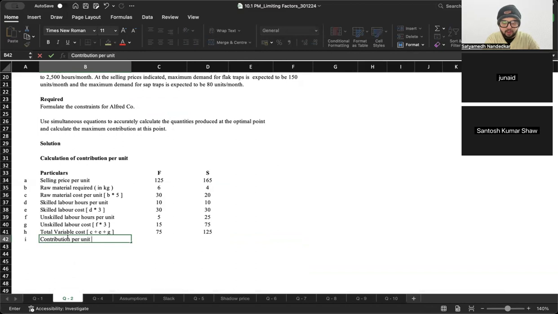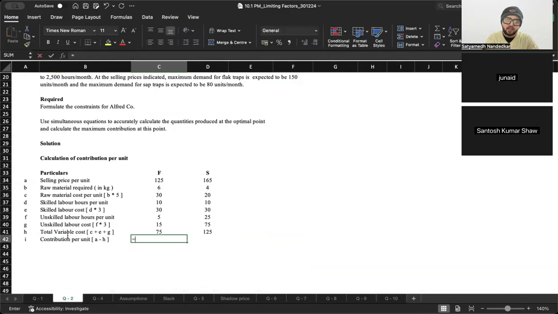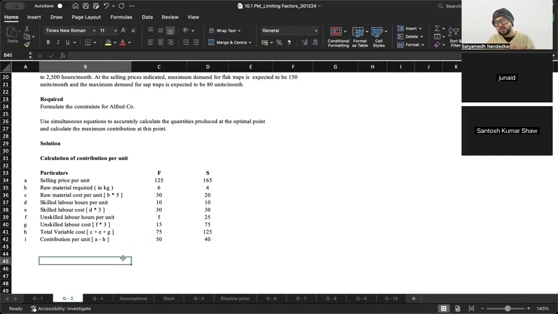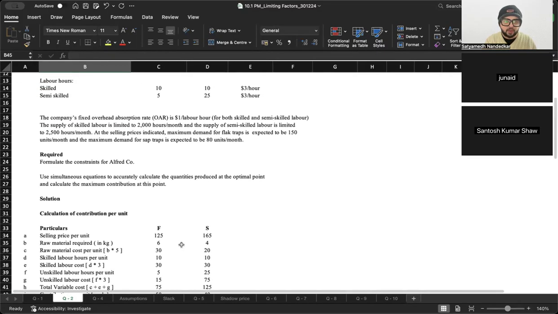Contribution per unit will be row A minus row H. How do I get it? 125 minus 75 and 165 minus 125. Usually in the previous questions, the contribution figure was given to us. Here the contribution figure is not given to us. So we calculated the contribution per unit.